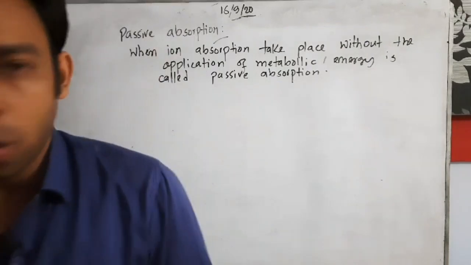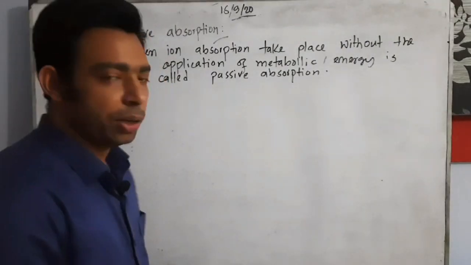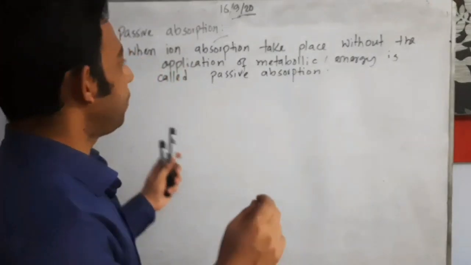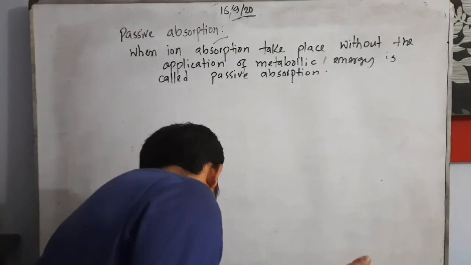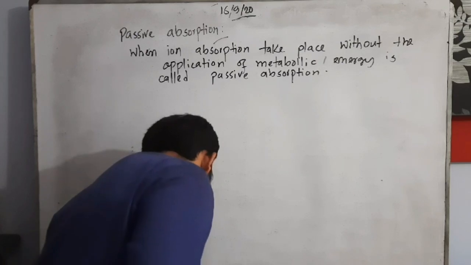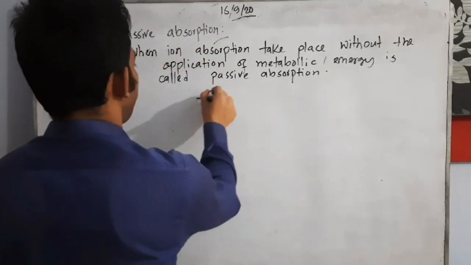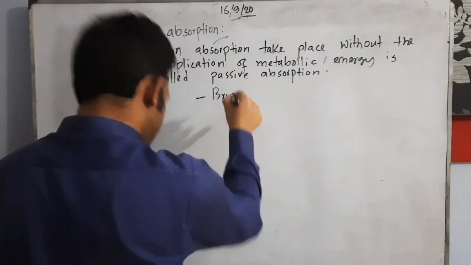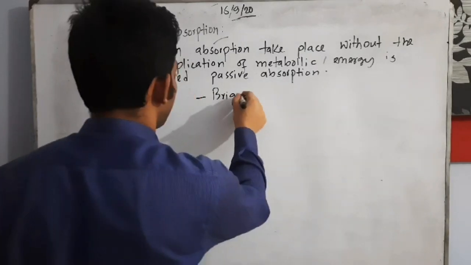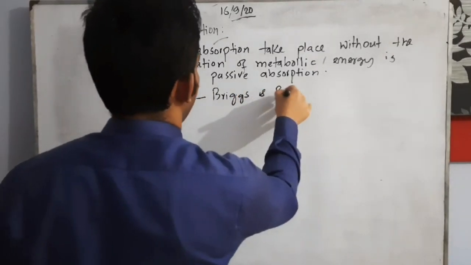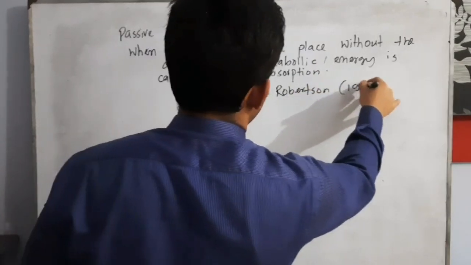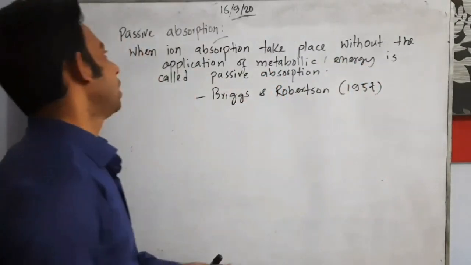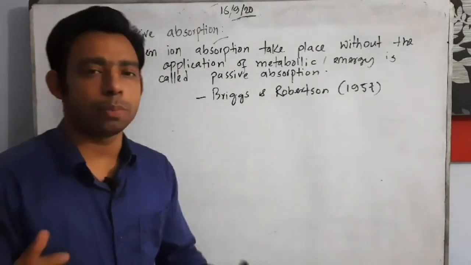Now another point we will go through. Briggs and Robertson in 1957 gave the concept of passive absorption.